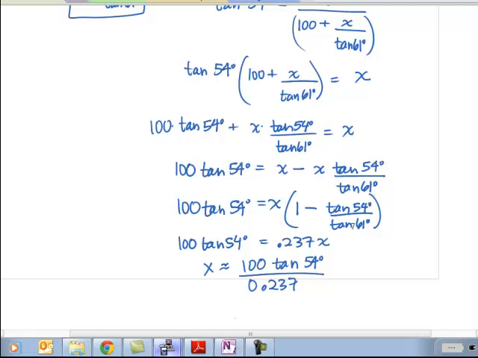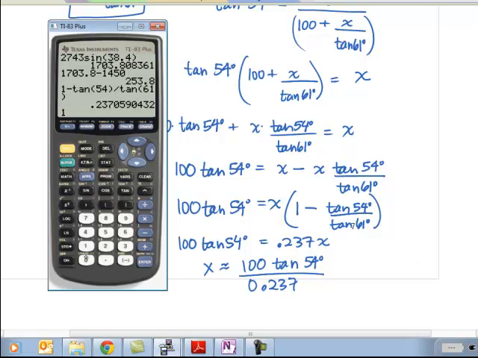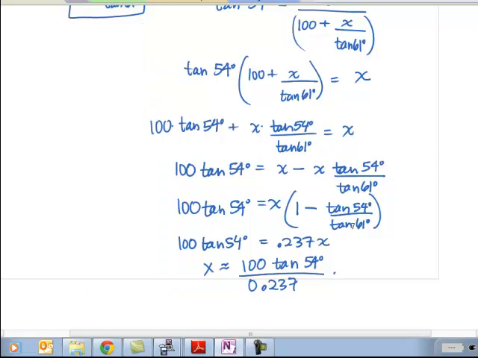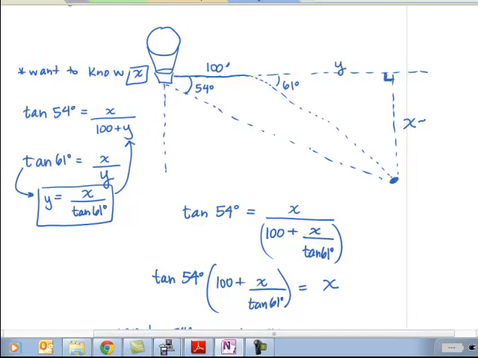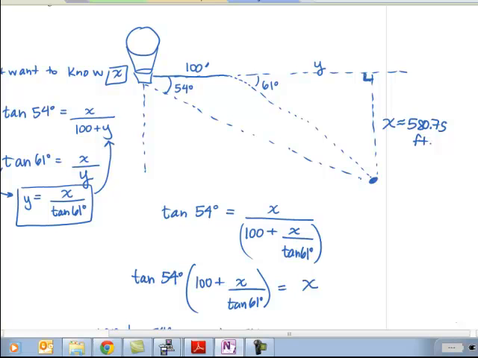Let's see if it seems reasonable. That's 580.75 feet for that balloon. Yeah, it's hard to know with that much information, but it seems like it's a reasonable height.